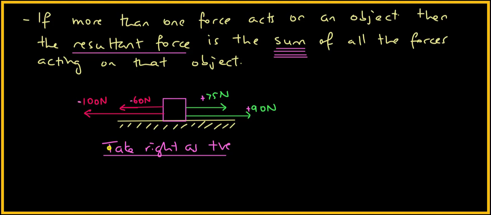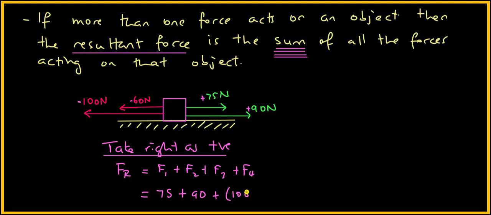Then I'm simply going to add everything together to get my resultant. FR is equal to force number 1 plus force number 2 plus force number 3 plus force number 4. This is equal to 75 plus 90 plus negative 100 plus negative 60.